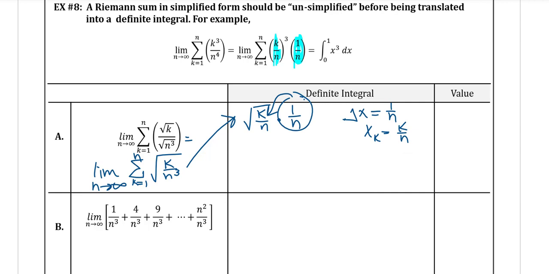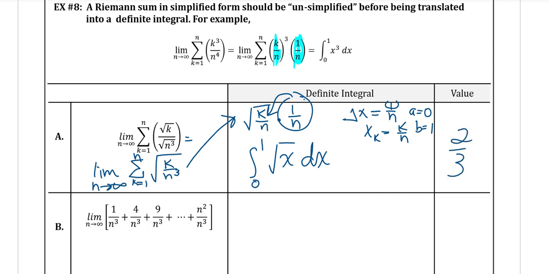Now I can write my integral, because now I can find my upper and lower limits, because a is going to be 0 and b is going to be 1, so I get that 1 on top. It's going to integrate from 0 to 1 of the square root of x dx. And that is going to be 2/3 when you do that.